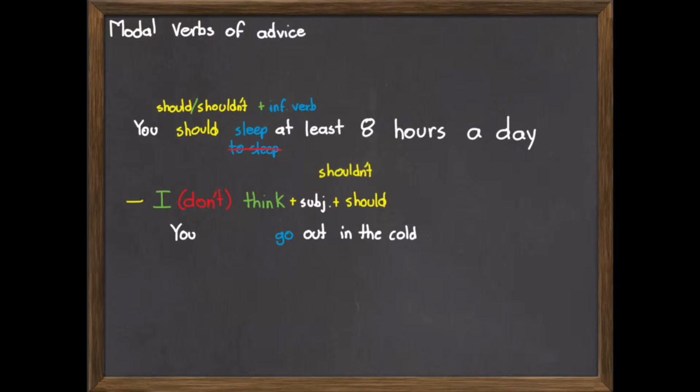So, in the case of negative sentences, we use should, and we would use the negative form of this phrase, I don't think. I'm going to put it here. So it would go like this: I don't think you should go out in the cold. That's a suggestion saying that someone shouldn't go out in the cold.